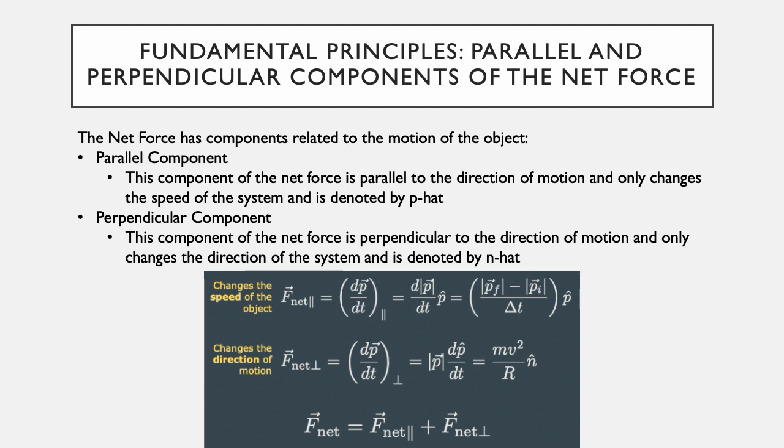The parallel component goes in the direction of motion, and hence it will only change the speed of the object. The perpendicular component is in the perpendicular direction of motion and only changes the direction of the system.